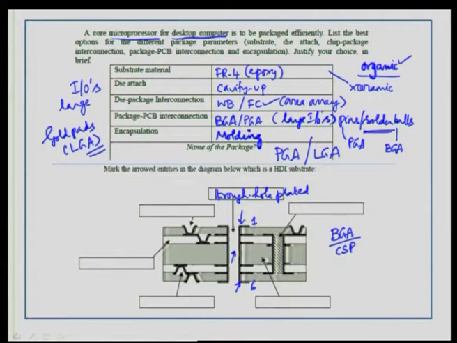Okay, you can see a similar configuration here for this particular hole, but you can see that it is filled. So, obviously, it is filled with a conductive material, therefore, you can call it a filled through hole that has been generated for interconnecting, let us say, layers 2 to 5 of the high density interconnect substrate.